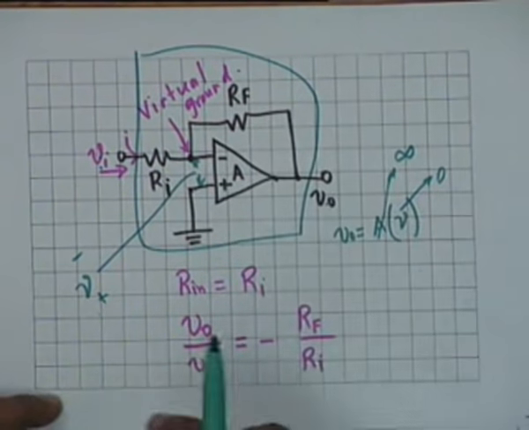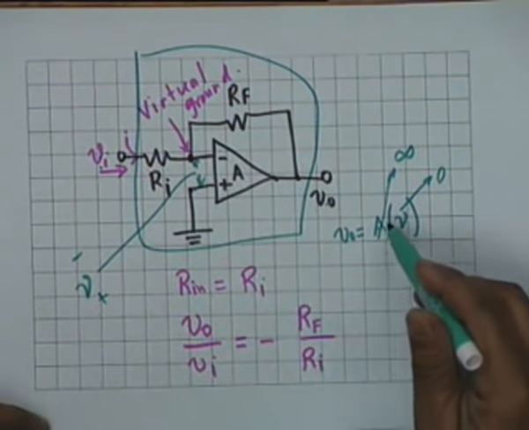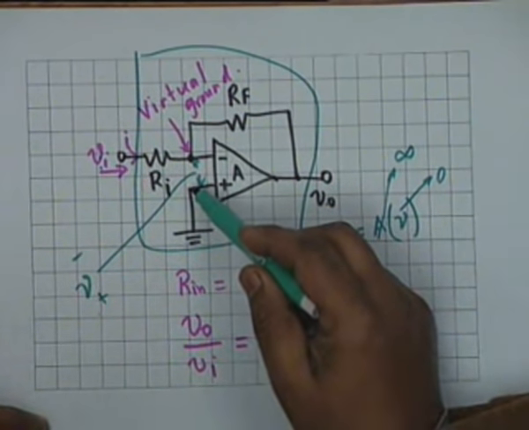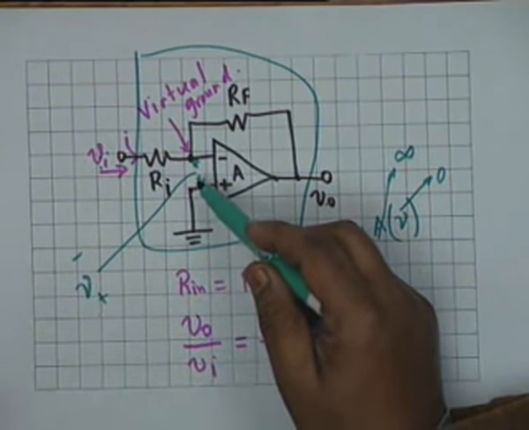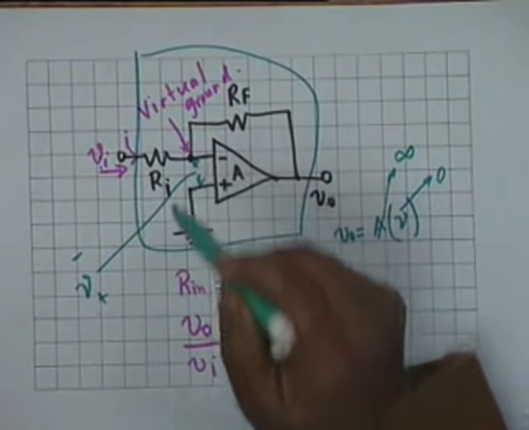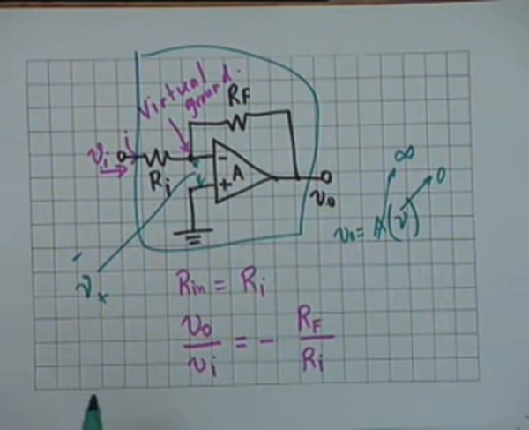The definition of an op amp remains the same. It is A times the voltage applied to the non-inverting terminal minus the voltage applied to the inverting terminal, and because of our assumption of ideal op amp, the input voltage between the inverting and the non-inverting terminal is equal to 0. All right, does that make clear?